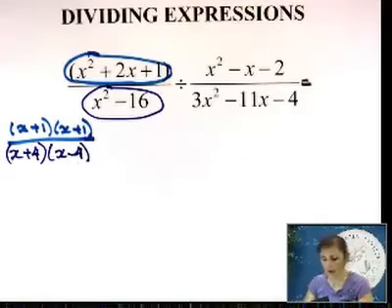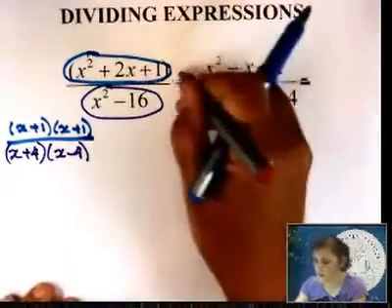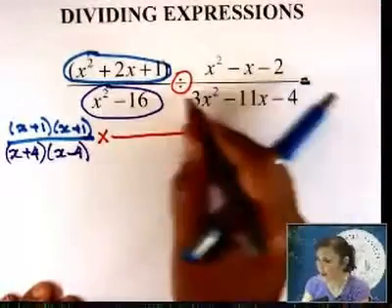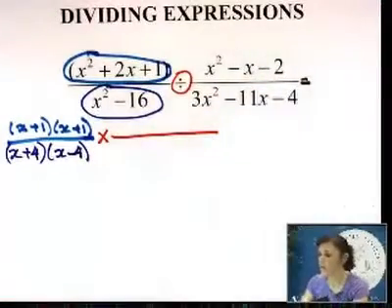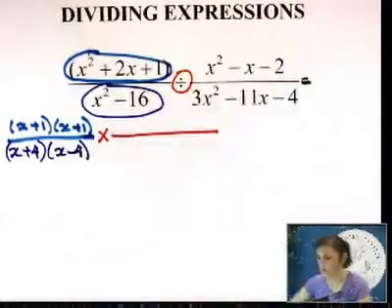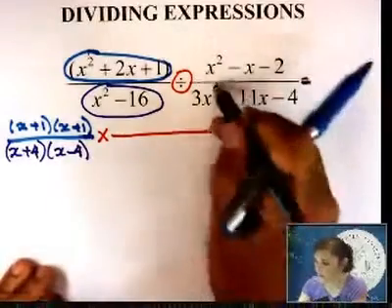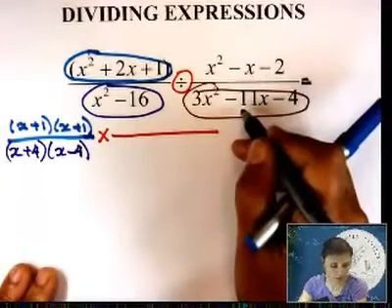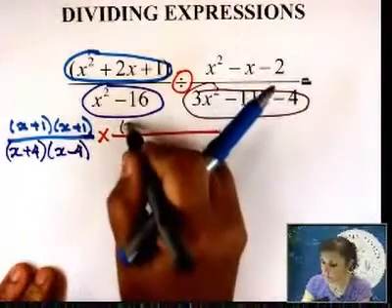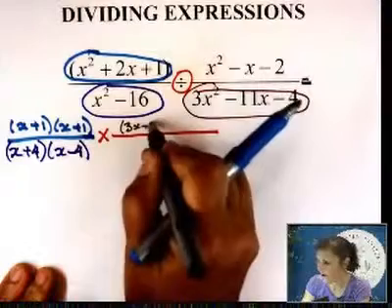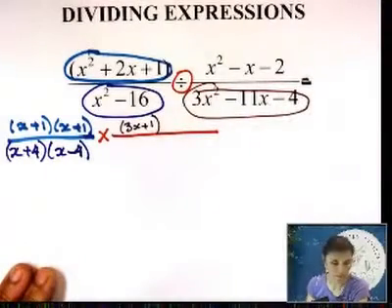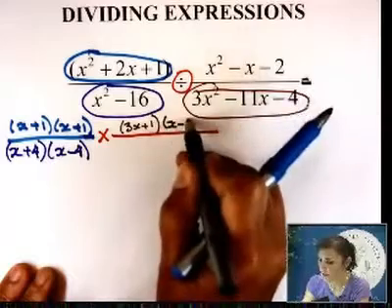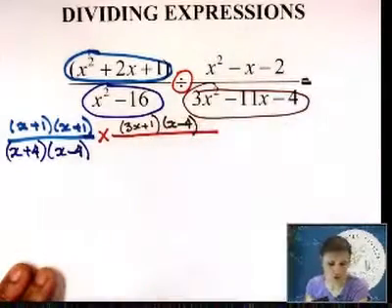Remember what I do? I take this division, I change it into multiplication and flip it. So this is supposed to go on top. This guy is going to factor out as 3x plus 1 and x minus 4. Let me make sure that that is good.